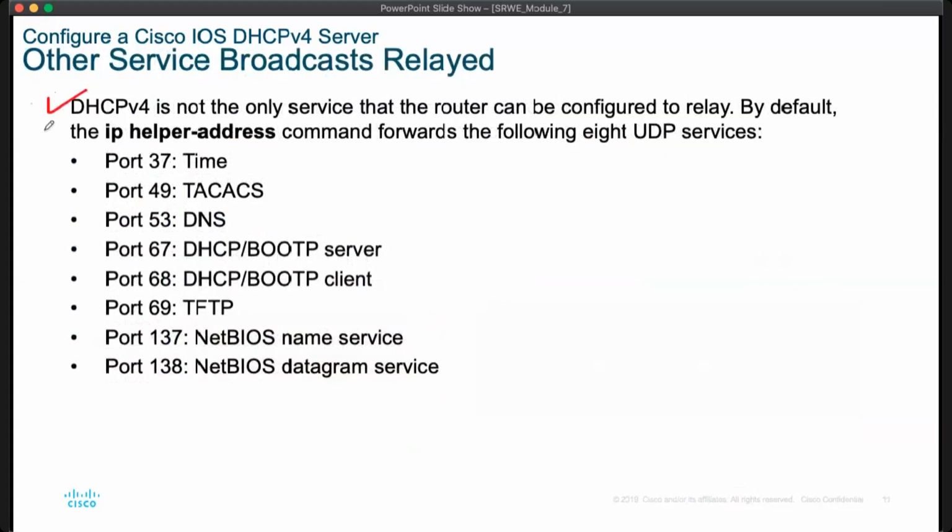By default, the ip helper-address command forwards the following eight UDP services: port 37 for Time, port 49 for TACACS, port 53 for DNS, port 67 for DHCP/BOOTP server, port 68 for DHCP/BOOTP client, port 69 for TFTP, port 137 for NetBIOS name service, and finally port 138 for NetBIOS datagram service.